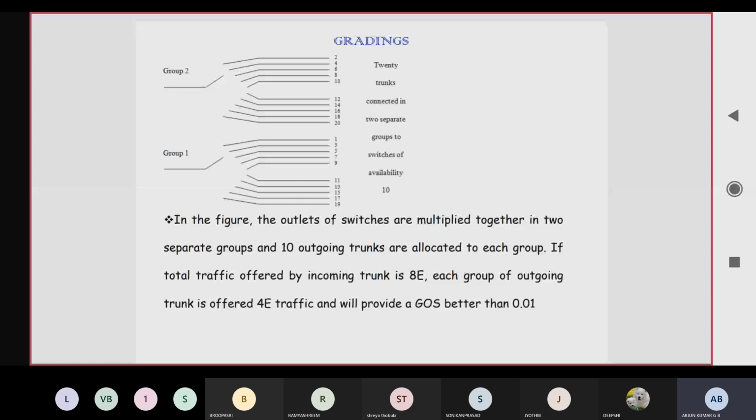You can see in the figure, group 1 and group 2, how many trunk lines will be there? 10. Like that we have separated the trunk lines into different groups.